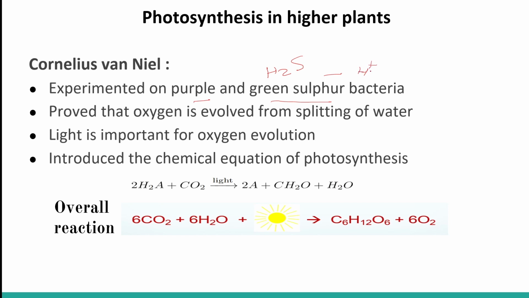They reduce carbon dioxide into glucose. So by this experiment, he showed that oxygen is evolved by the photolysis of water, or you can say by the splitting of water, and not from carbon dioxide.